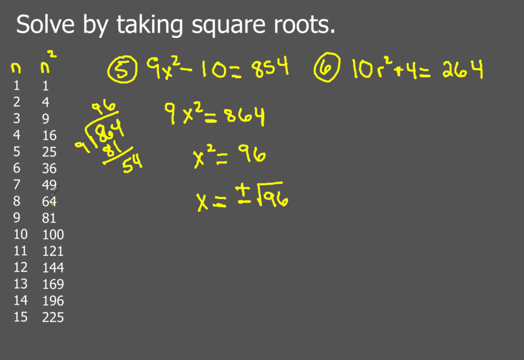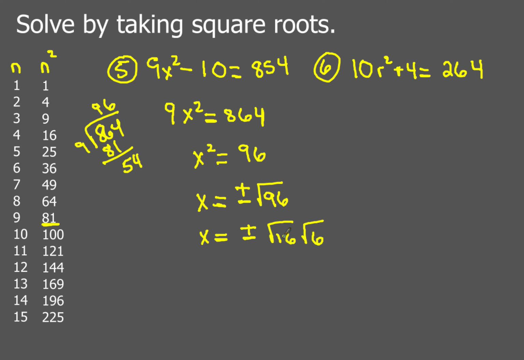Now 96, so here, 100's a little bit over 96, so I'm going to start with 81. Now 81 doesn't go into 96, neither does 64, or 49, or 36, or 25, but 16 does go into 96. So 16 goes into 96 6 times. So I'm going to have plus or minus the square root of 16 and the square root of 6.